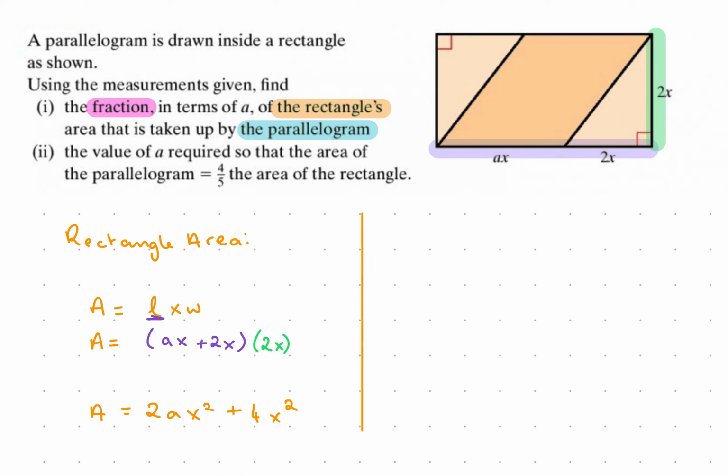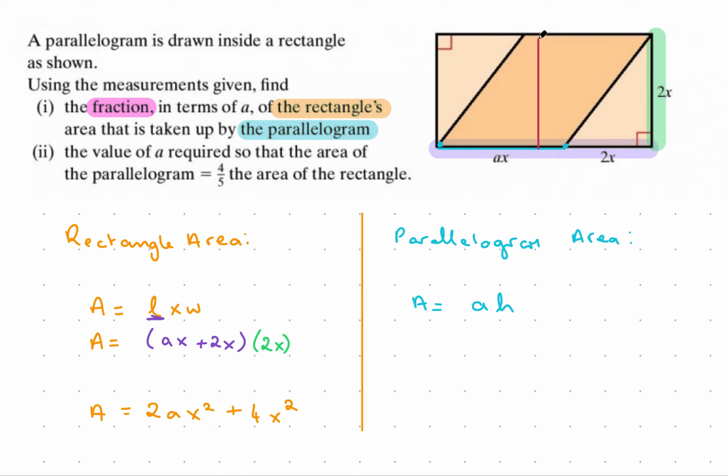The second thing I'm going to calculate is the area of the parallelogram. So we're now trying to think, what's the formula for the area of a parallelogram? And it's actually in our log table, so you don't need to remember it. The area of a parallelogram is a multiplied by h. Now a refers to the base length of the parallelogram, so this length here is going to be our a. And then our height is in reference to the perpendicular height.